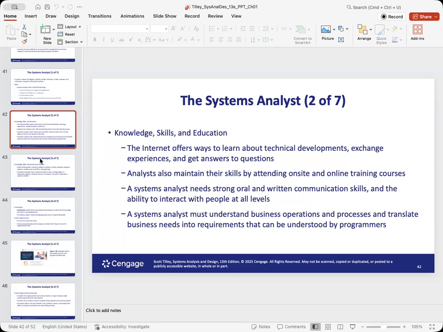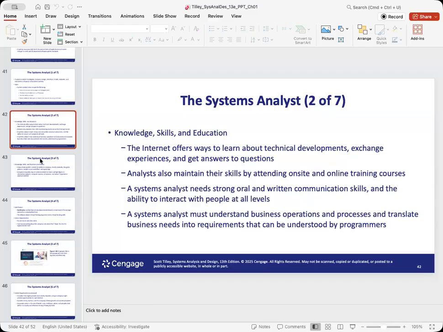You understand? And as a systems analyst, you must also understand business operations. That is why we're talking about the BPM, business process model, and the IT department. In fact, we even talk about SWOT analysis in our next courses. You have to understand business operations and processes, and be able to translate the business needs into requirements that can be understood by programmers.